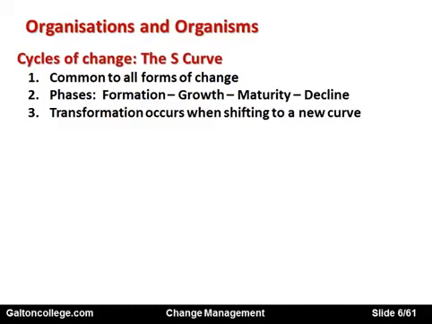Now when we're considering yet another product, then we have to transform the organization, we have to transform the way we do things, we have to adjust to the new requirements. So there's an almost constant process of transformation going on within organizations as they adjust to the introduction of new products.